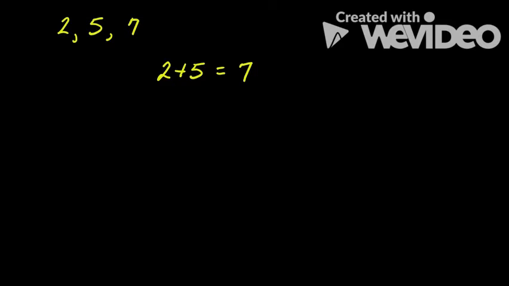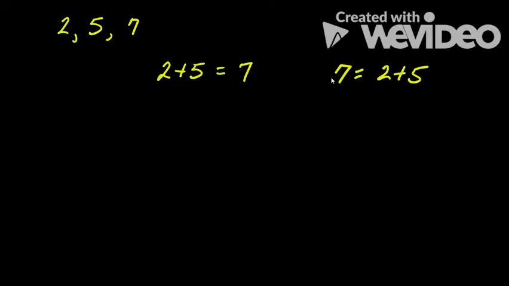To be fair, I could have written this first equation as 7 equals 2 plus 5, or any variations of those. I'm thinking that perhaps the first subtraction equation that you did looks like this.